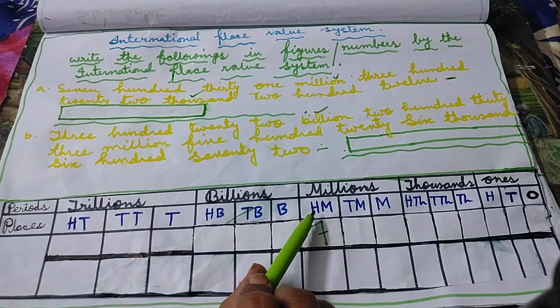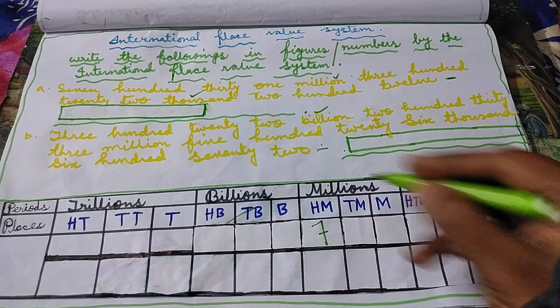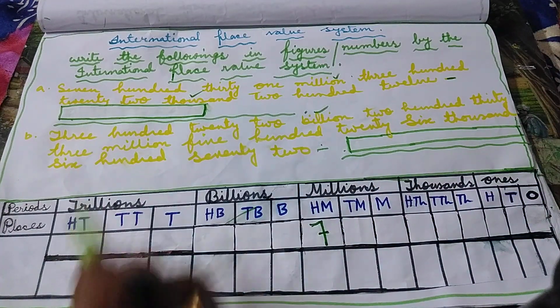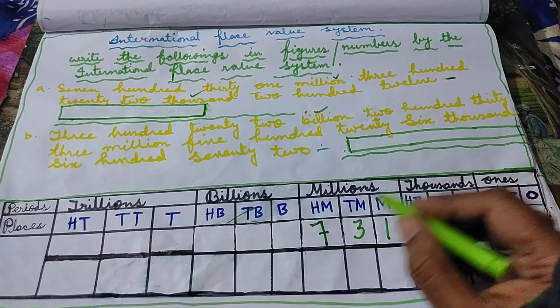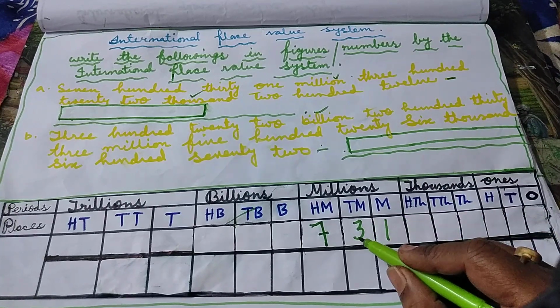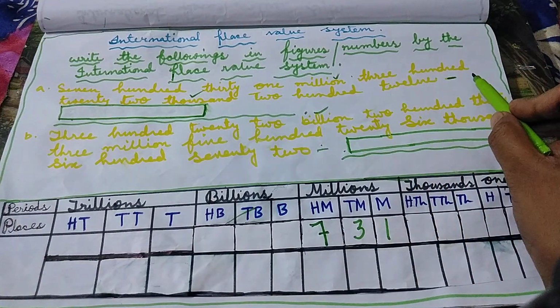So in the hundreds place, we will write 7. Then 31. Tens and ones together make 31. Complete. Go to the other part.